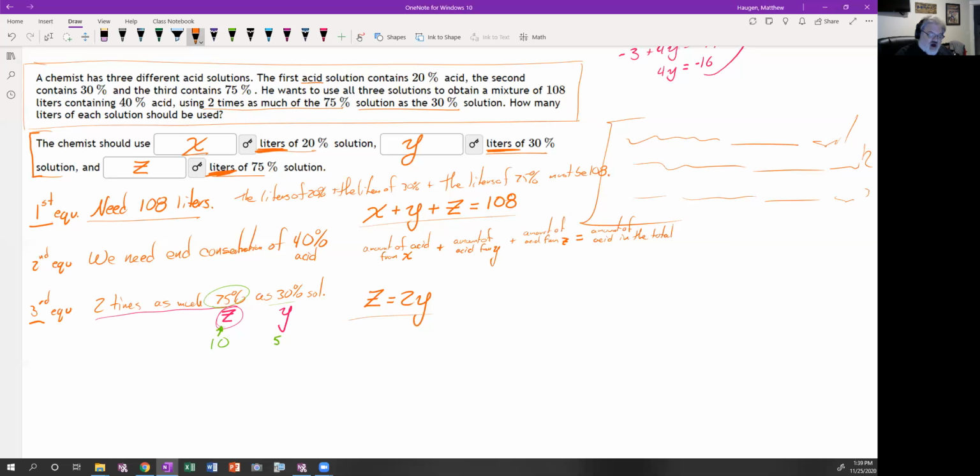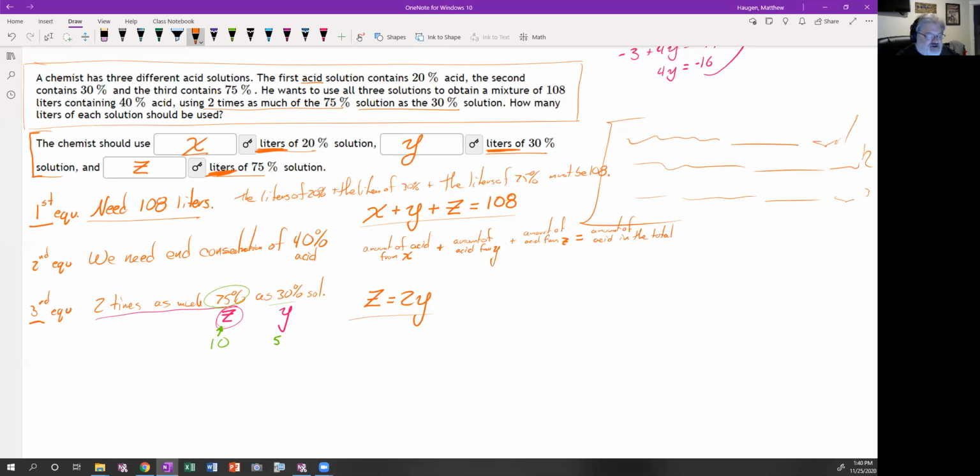So the other two equations were liters plus liters plus liters equals liters of just solution. The third equation was these liters equal those liters. These are different. These are an amount of acid plus an amount of acid plus an amount of acid equals an amount of acid, specifically, right?